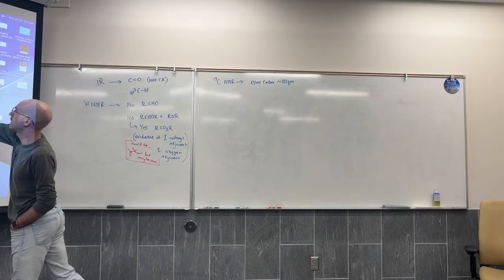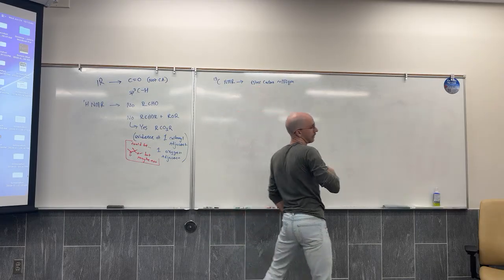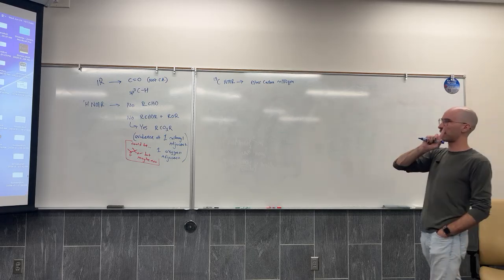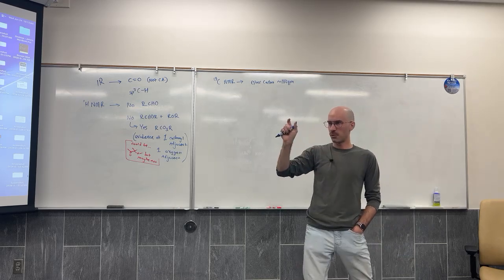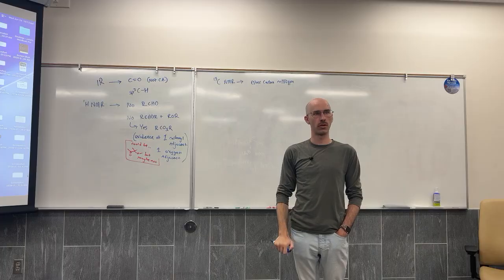Then we have this signal around 60. 60, we said, is the functional group adjacent. Or I guess, yeah, I did phrase it here as heteroatom attached, but I probably would have been better to call it adjacent to a functional group. What I don't actually show on this correlation table for carbon NMR is where a carbon would show up if it is adjacent to a carbonyl carbon.